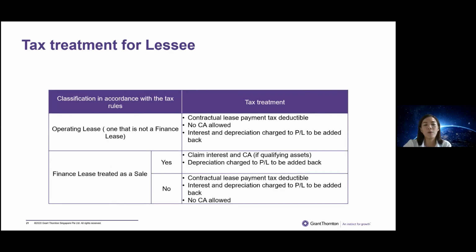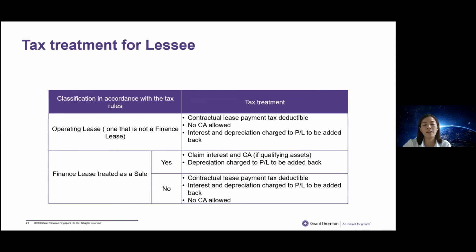Okay, so what the lessee can claim here, provided the asset, of course, is employed in the trade or business, you can claim a tax deduction on your contractual lease payment. So the amount that you pick out in your lease agreement, and you will not be allowed a capital allowance claim, primarily because you do not own the asset.